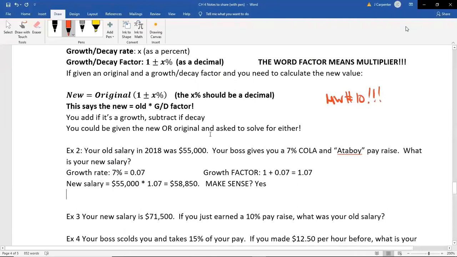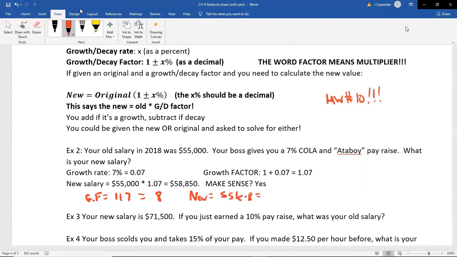How would this have not made sense? So I'm going to do this wrong really quickly. Let's say we said that the growth factor, GF for growth factor, was 1 plus 7. Because I took the 1 and then I added the X percent, which was 7. 1 plus 7 is 8. So this is the growth factor, and that says that the new is 55,000 times 8, which is going to be a really big number.